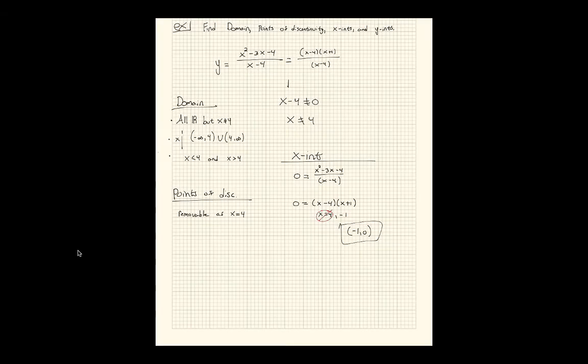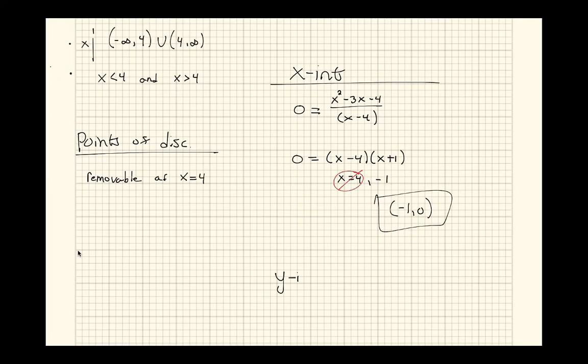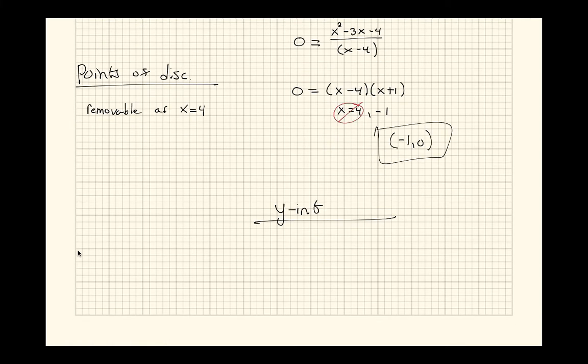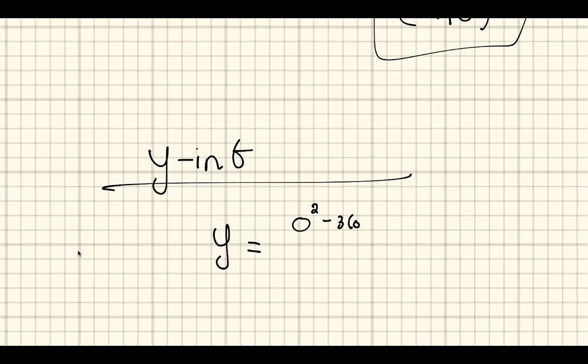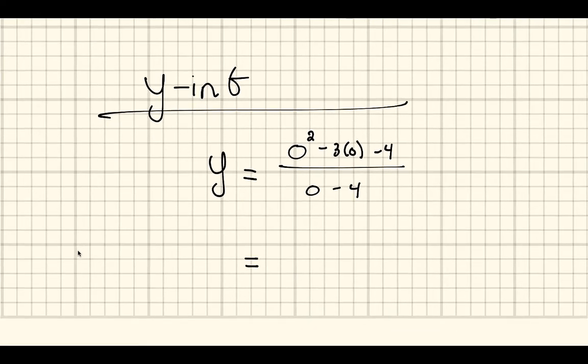Okay, and then y-intercept, that's when we plug in 0 for x and solve for y. So I should have y equals, if we're plugging in 0 for all these, 0 squared minus 3 times 0 minus 4 over 0 minus 4. Right?